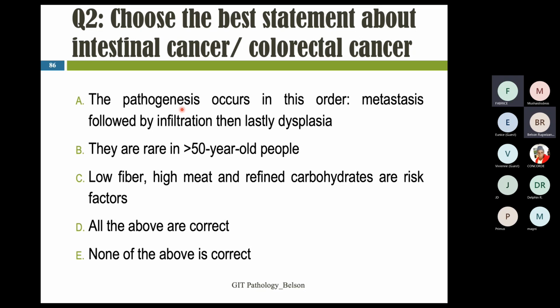C, raw fiber, high meat, and refined carbohydrates are risk factors for these cancers. Or both above are correct, or none of above is correct. So which is the best answer? C. C. C. Okay. Anybody else?